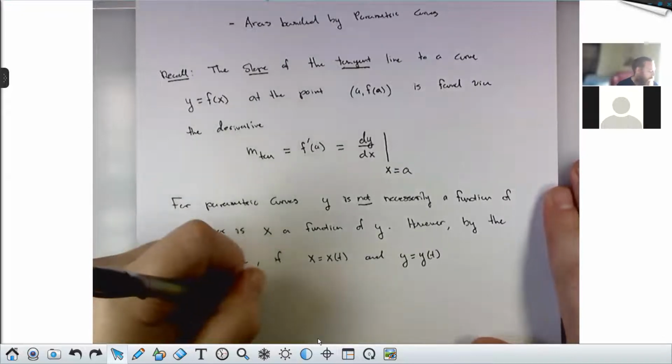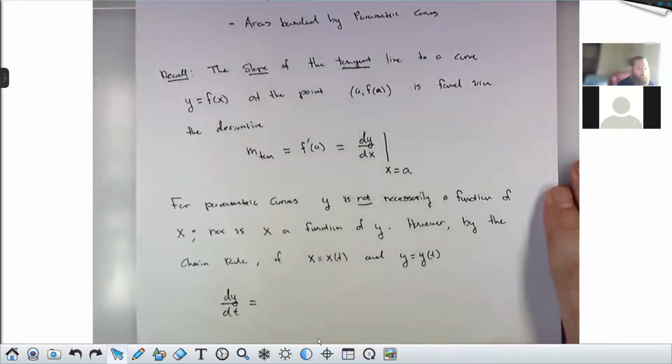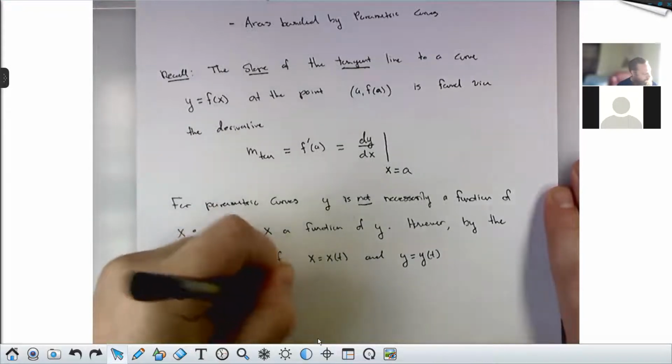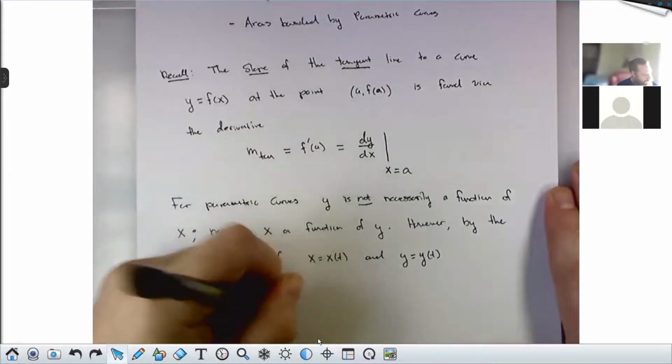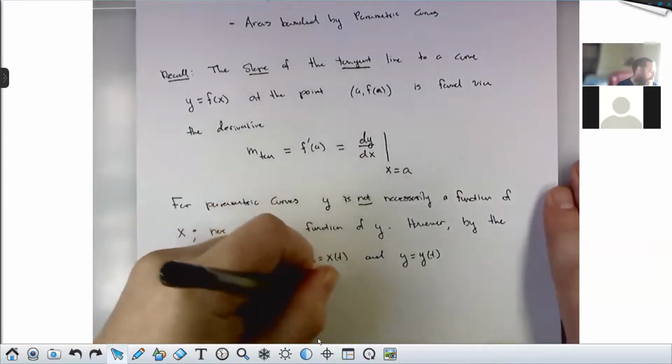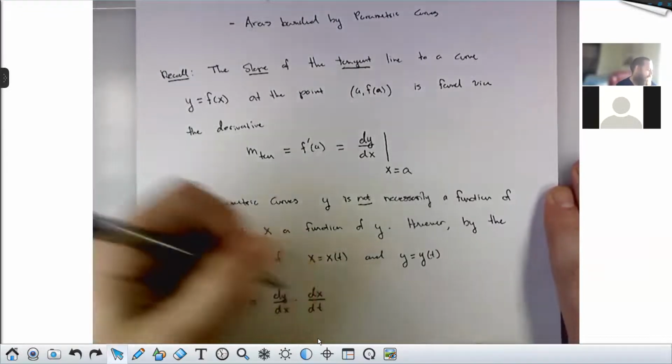use the chain rule to say that dy dt should be equal to dy dx times dx dt.